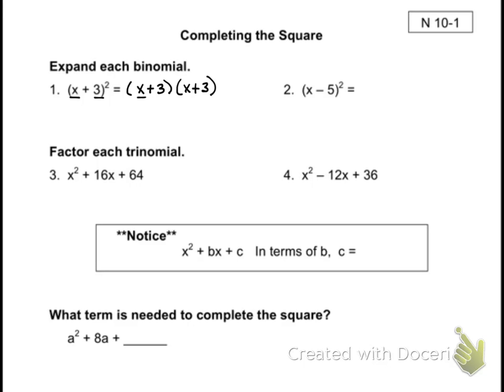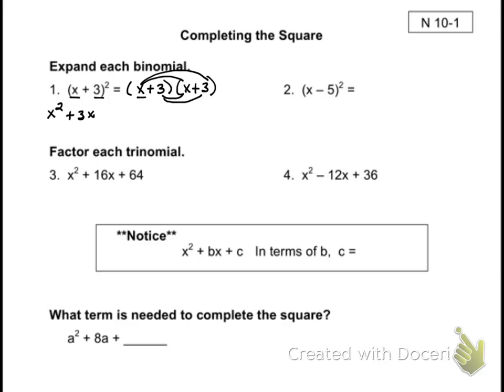But I take x and I multiply it by each of the terms in the second set of parentheses. So the first one is x times x, which gives me x squared. Then x times 3 is going to give me plus 3x. And then the last one, I'm going to take the 3 and multiply it by each of the terms in the second set of parentheses.